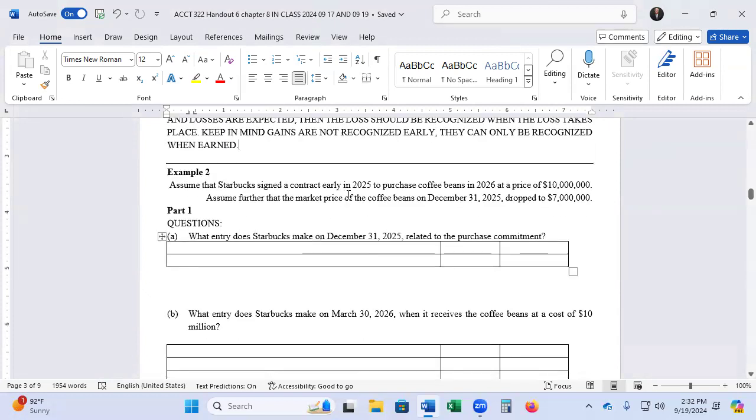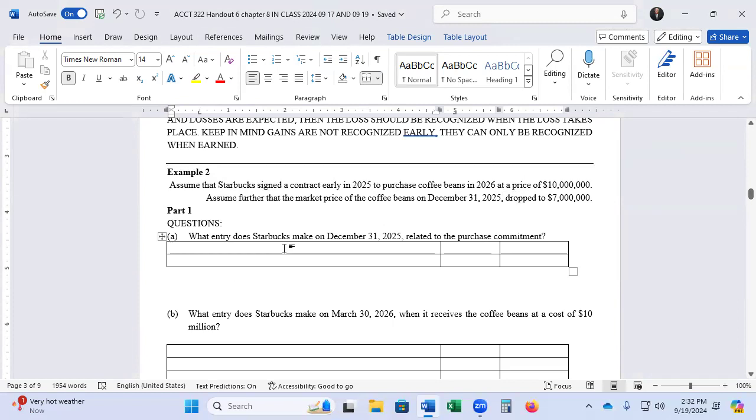So assume that Starbucks signed a contract in early 2025 to purchase coffee beans in 2026 at a price of 10 million. Assume further that the market price of the coffee beans on December 31st dropped to 7 million. So essentially now we have a purchase commitment to pay 10 million for something that is worth $7 million.